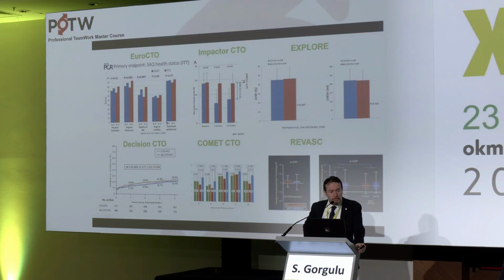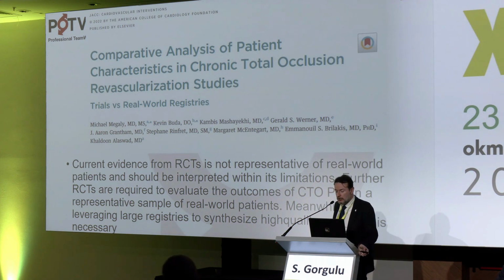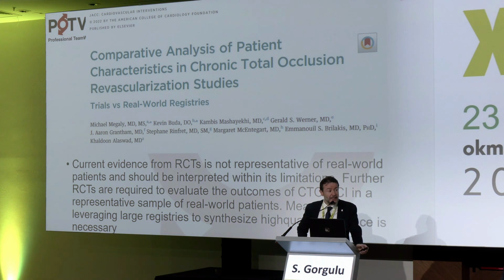So these are the randomized studies, and the randomized studies don't show any mortality benefit. So this is a comparative analysis between the registries and the randomized trials, but we have problems with the randomized trials, actually. They are not representative of real world patients. We have 6 randomized trials investigating optimal medical therapy versus PCI.